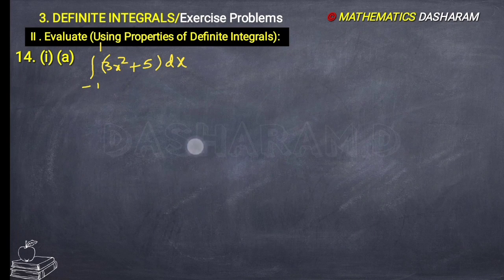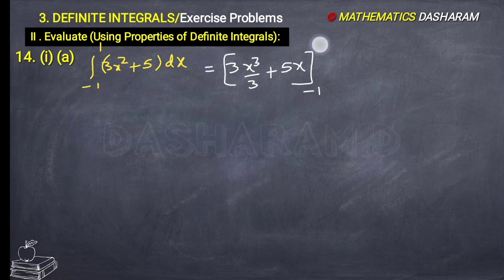Property 4 is very easy, because here you can apply the integration for 3x square and for 5 separately. So let's do integration: 3x cube divided by 3 plus 5x, and write the limits as it is. Now 3 cancels, then x cube plus 5x from minus 1 to 1.